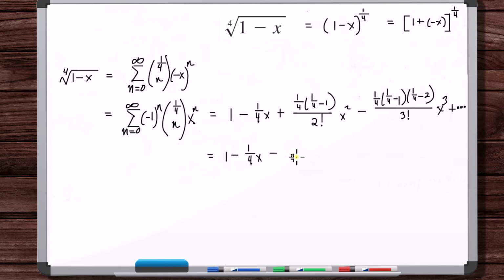So we've got 4 times 2 factorial, and then 3, okay, and then let's see, we've got here 1/4 minus 1 is minus 3/4, and then 1/4 minus 2 is minus 7/4.